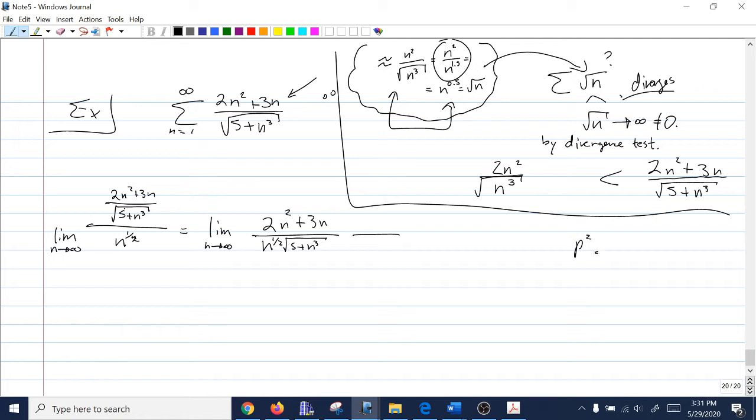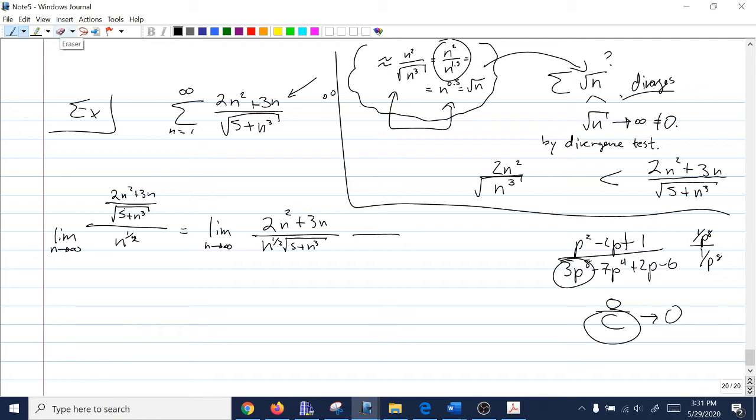If I had p squared minus 2p plus 1 over 3p to the 8 minus 7p to the 4th plus 2p minus 6, the thing you would multiply the top and bottom by is 1 over p to the 8. This will be a constant, and everything else in sight will go to 0, so you'll have 0 over a constant goes to 0. You want to end up with a constant on bottom so that your fraction is either constant over constant or 0 over constant. Preferably constant over constant.